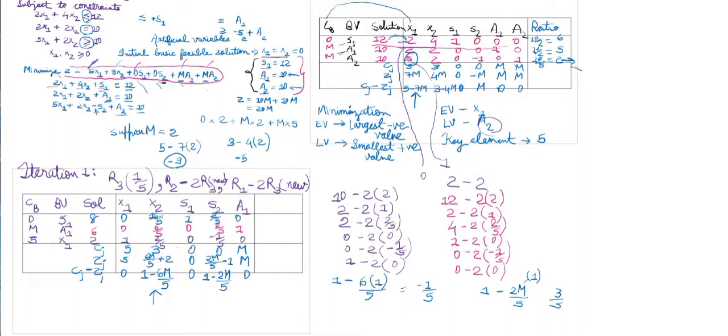That is, our entering variable will be x2. Now we'll find the ratio, which is 8 upon 16 by 5, which will be 5 by 2. Then 6 upon 6 by 5, which is 5. And 2 upon 2 by 5 is 5.